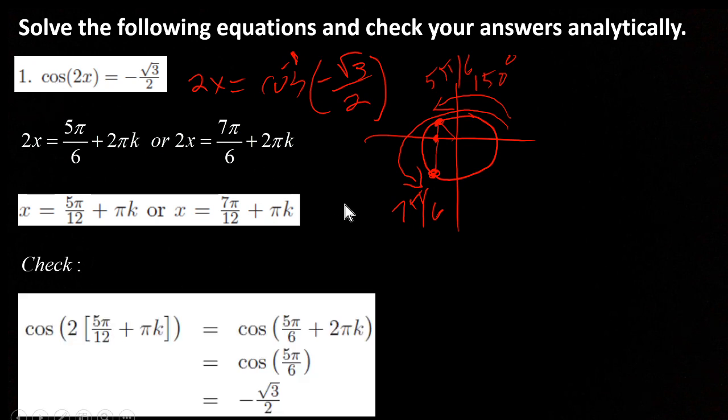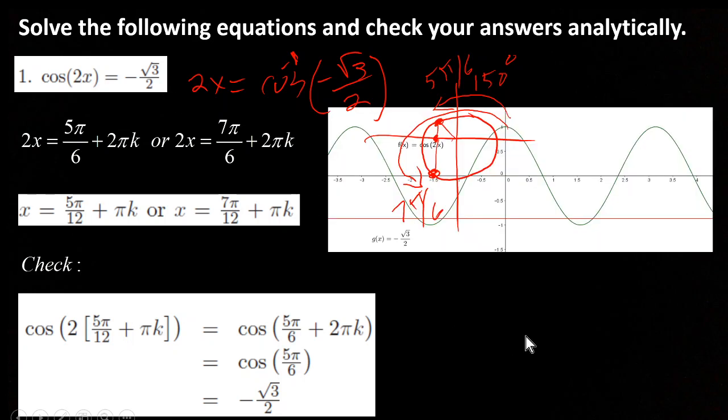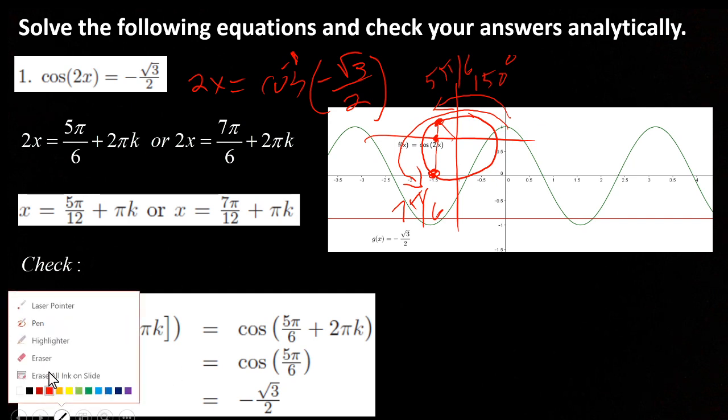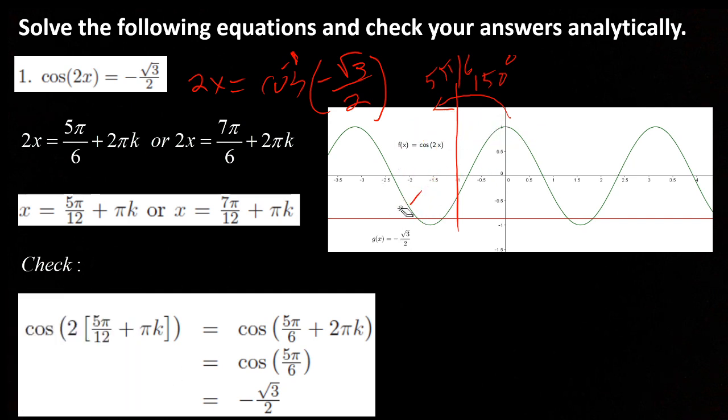Here's another one. This is a check. We could check this solution. If you substitute these numbers for x here and go through the simplifying, you eventually end up at the right hand side, which is negative square root 3 over 2. All right. So, we know that if you think of this as the graph of the left side and the right side, then basically what we have here is the intersection.